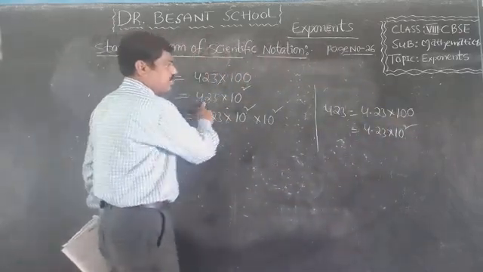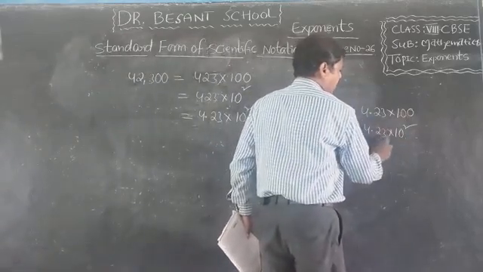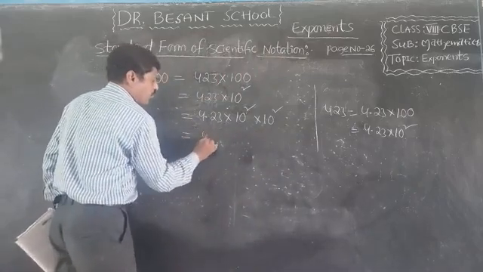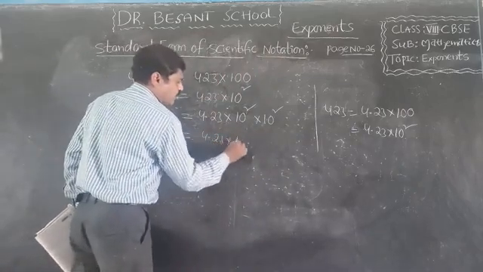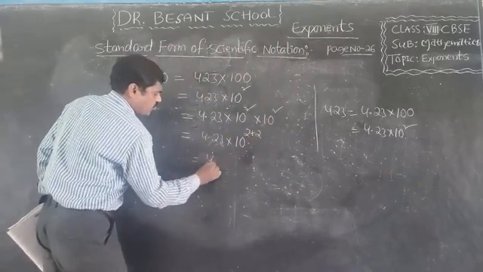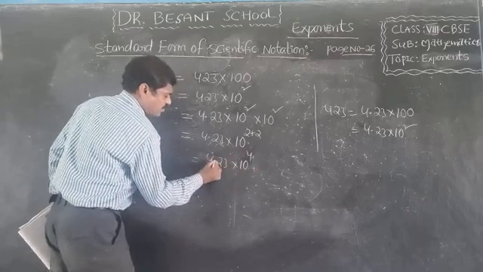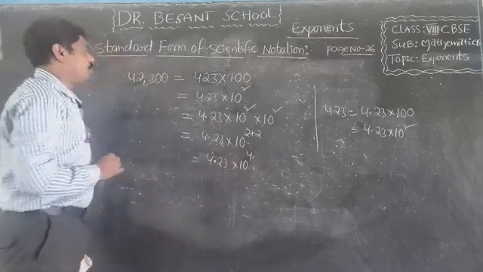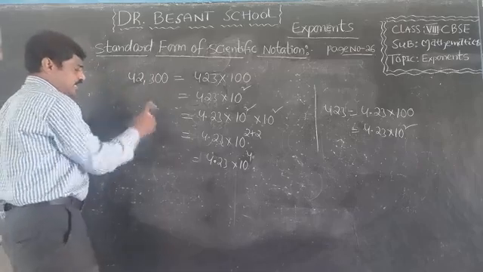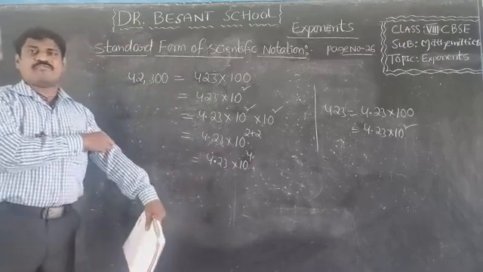That is equal to 4.23 into 10^(2+2), that is 4.23 into 10^4. Okay. So 42,300 in this notation I wrote as 4.23 into 10 to the power of 4.